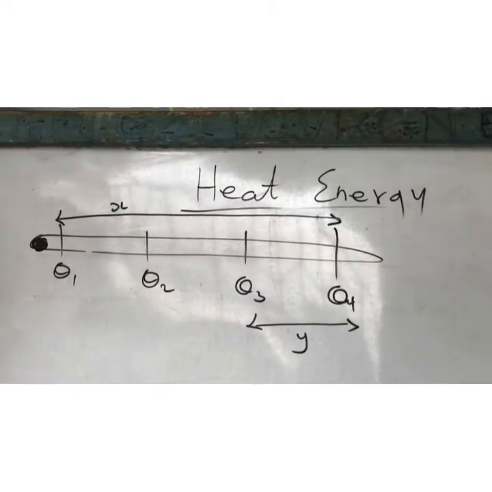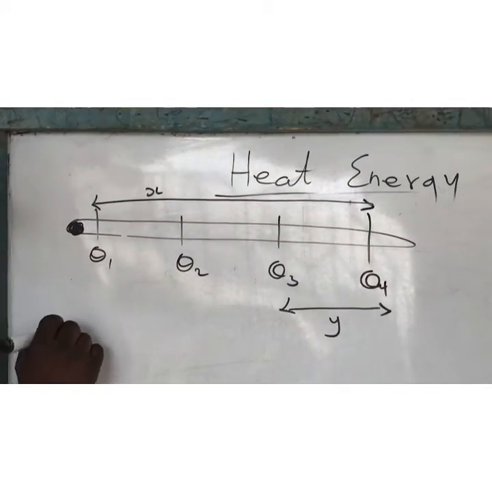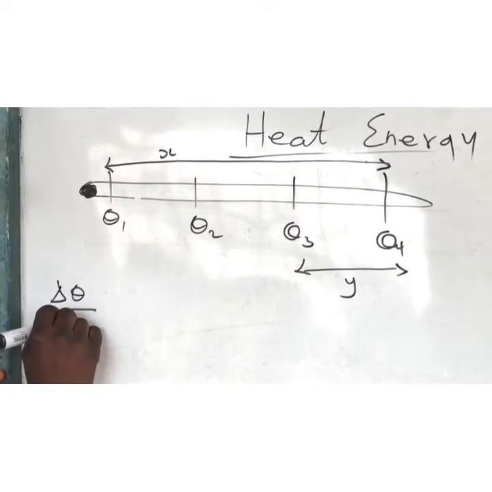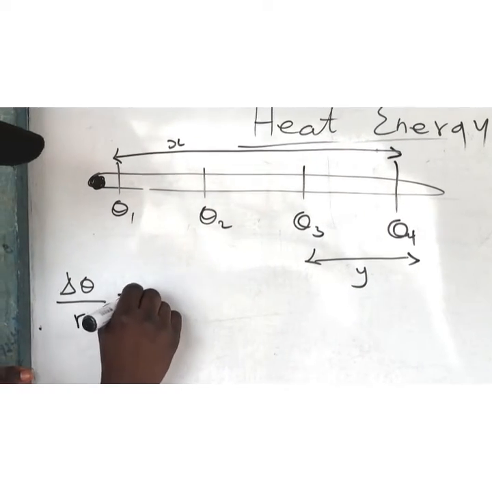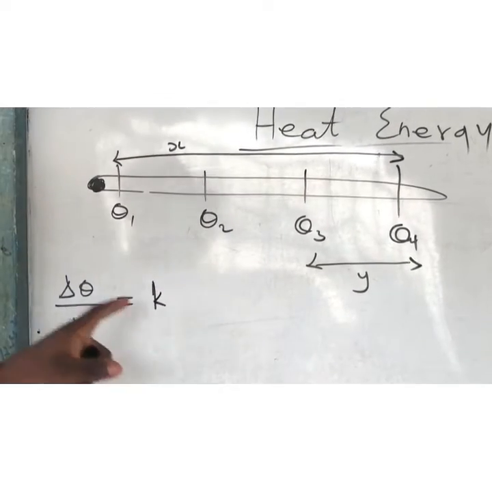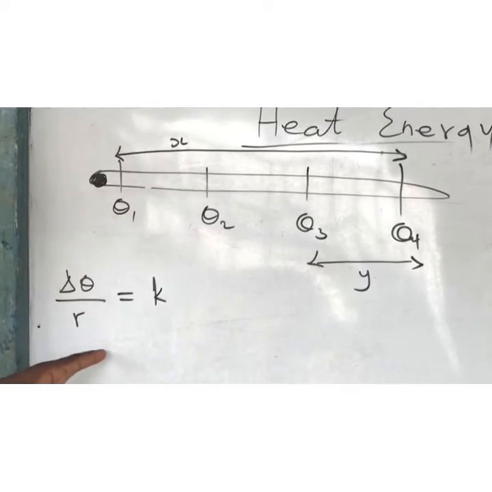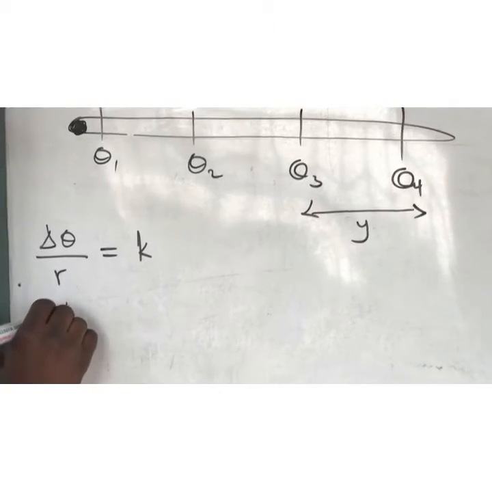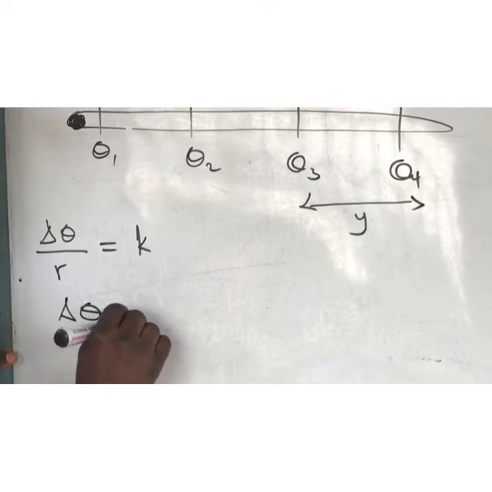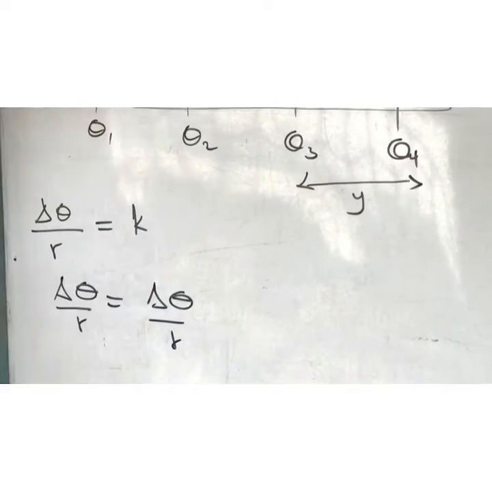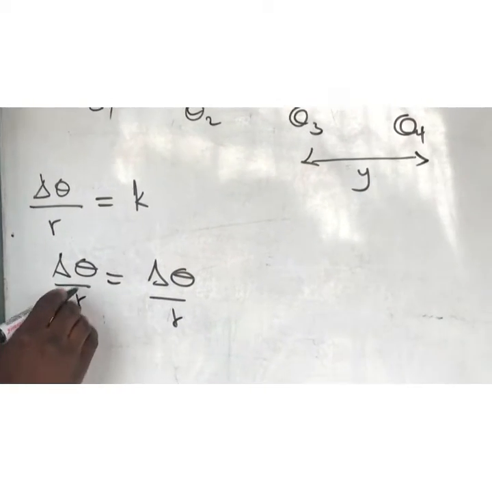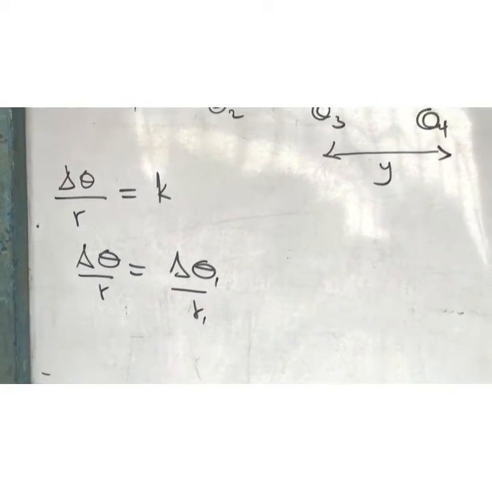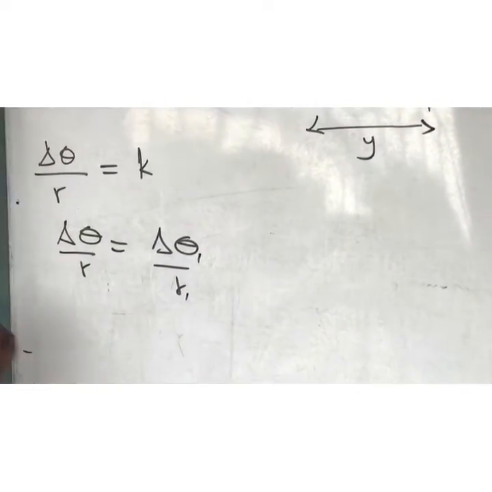From the formula, we said change in temperature over the distance apart is equal to constant K. Now, what we have written here, we should write the same here. So we can write change in temperature over r equal to change in temperature over r, but to differentiate between the two values, we use theta 1, r1 and so on.